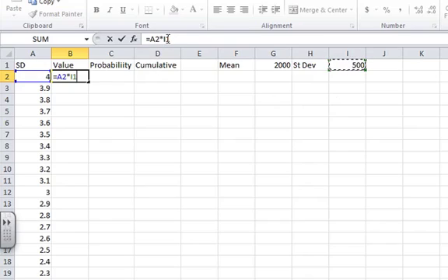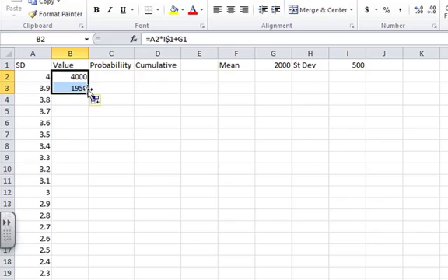And we're going to want to create a global reference for this, so we'll put in a $ sign. And then it'll be plus our mean of 2,000. So there we go.